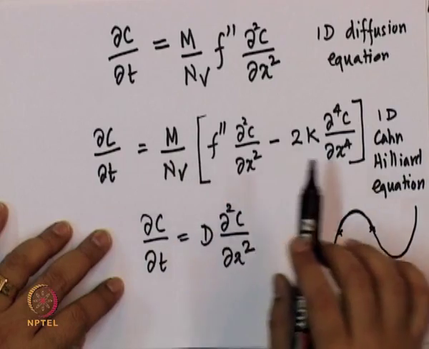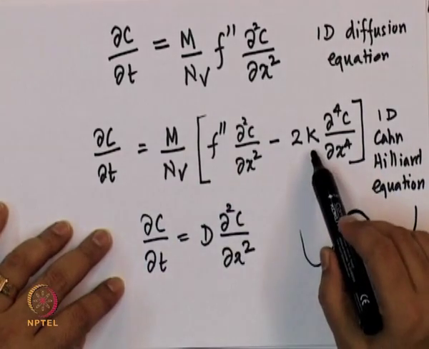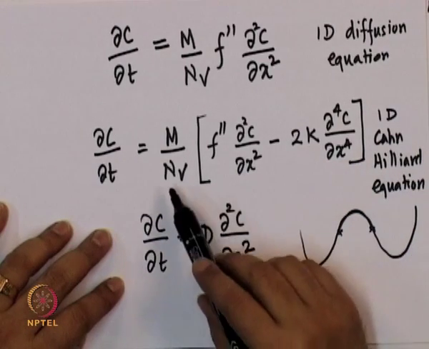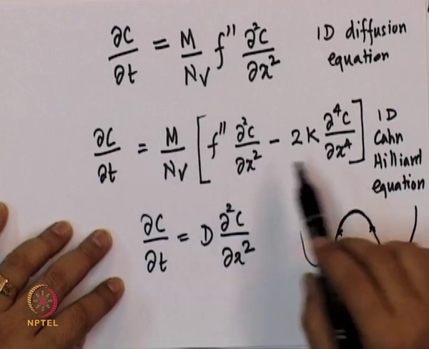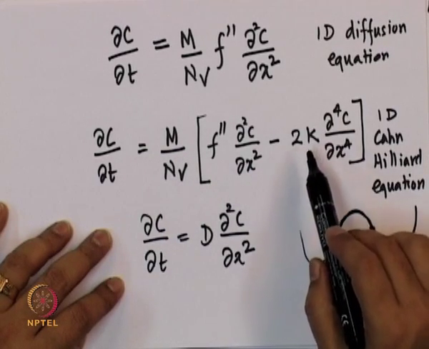For all practical purposes, we are going to assume m by nv to be 1 and kappa to be 1. So, when we solve numerically today, I am going to assume that this quantity is 1 and this quantity is 1.